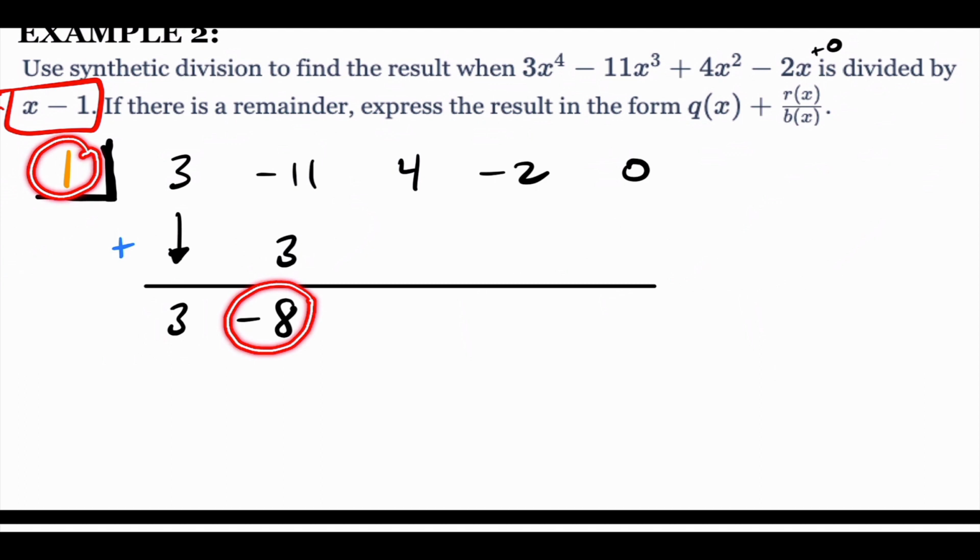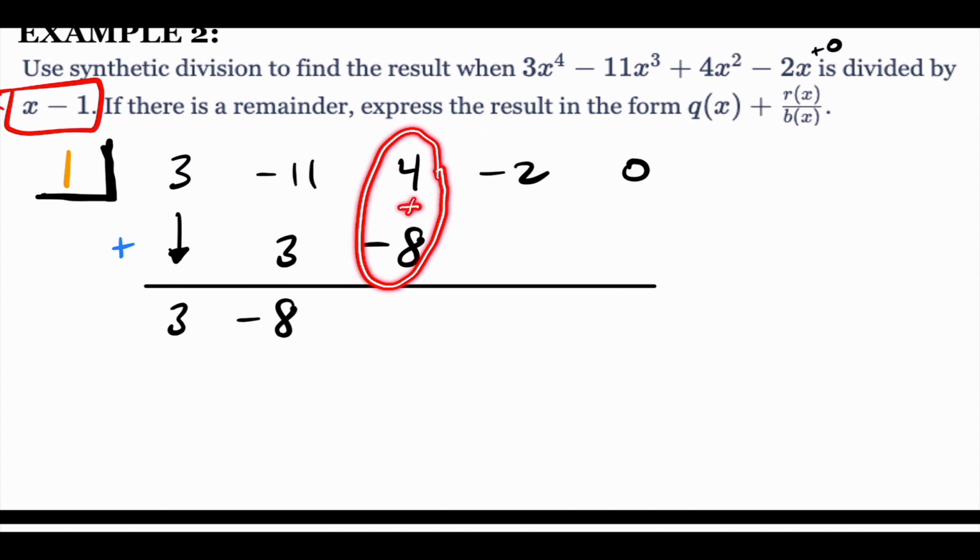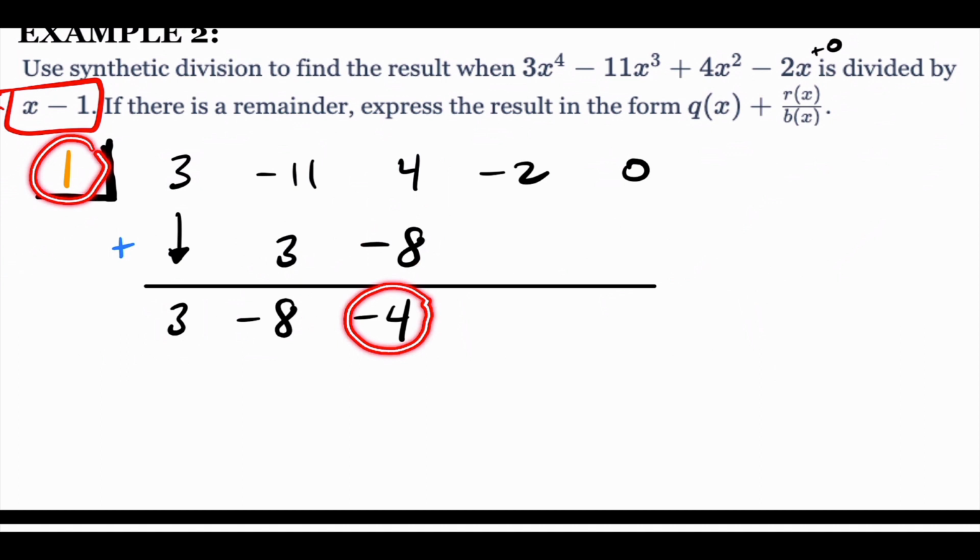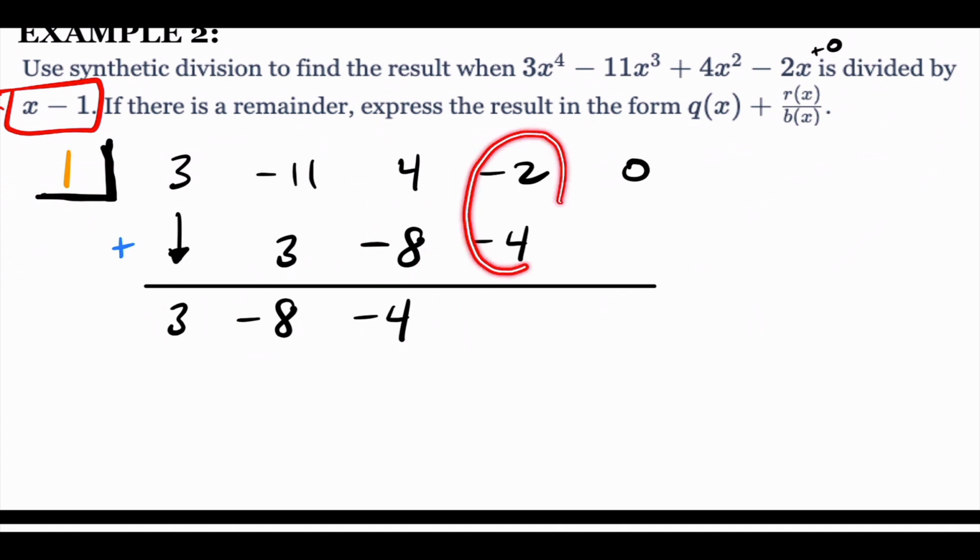Negative 8 times 1, negative 8. Add straight down. Negative 4. Multiply. Negative 4, positive 1, negative 4. Add straight down. Negative 6.